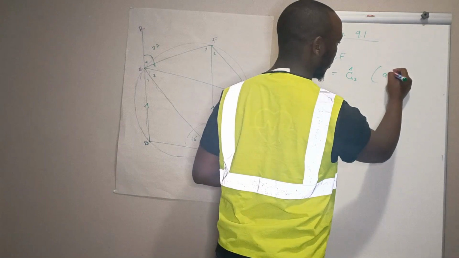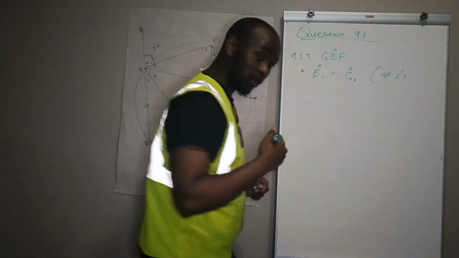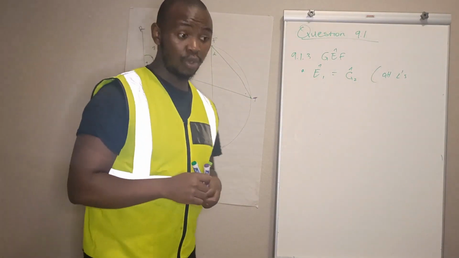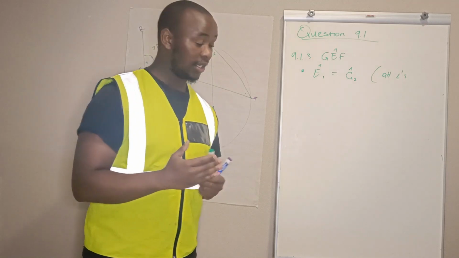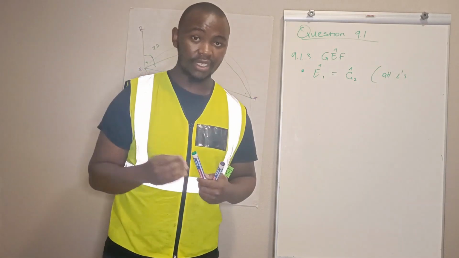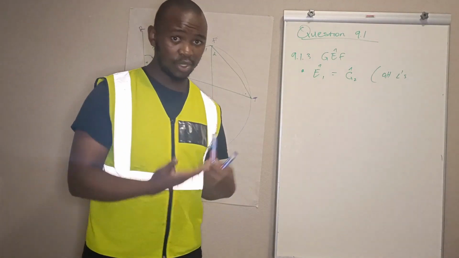The reason: alternate angles. When you mention what theorem or rule you used, you must mention which lines are parallel. And why is this important? At least for this one, it is not much. It's obvious which lines are important.